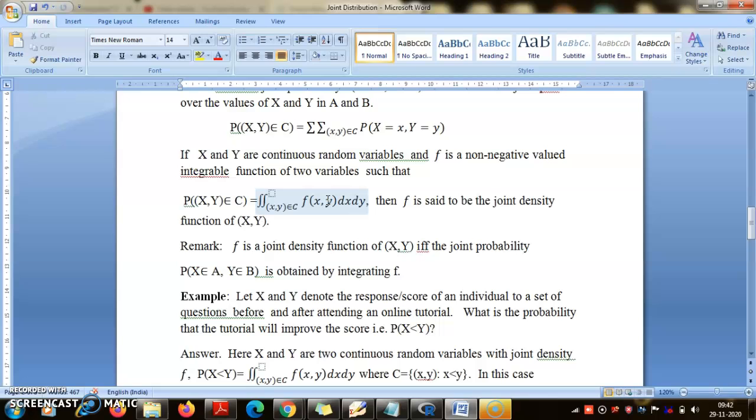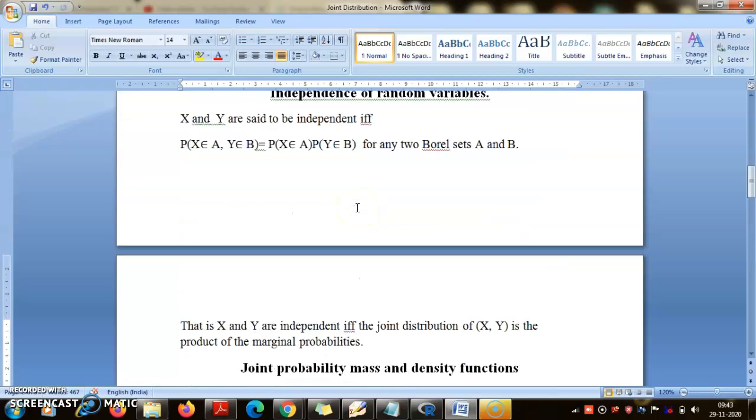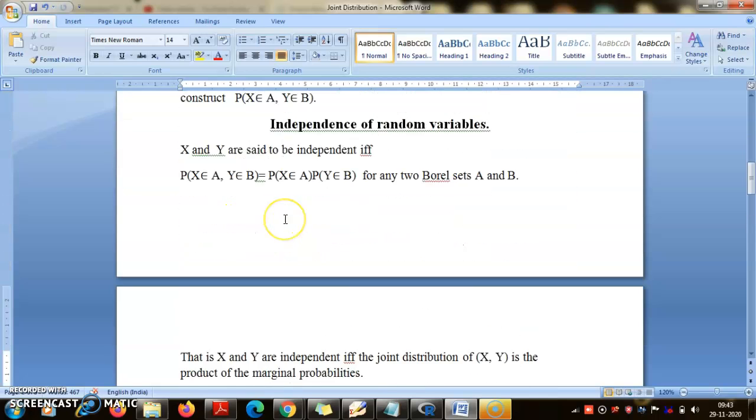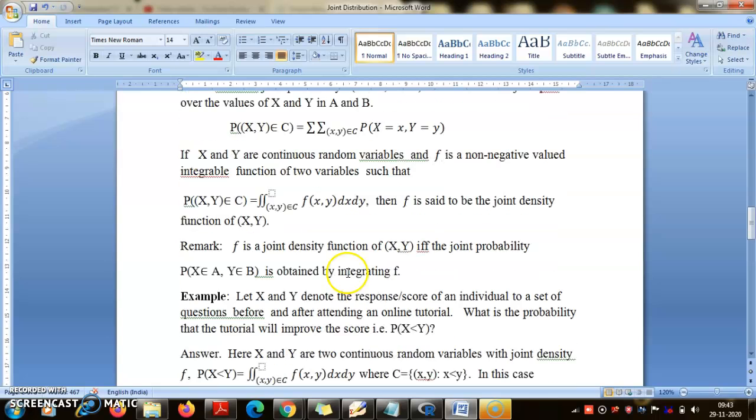Now, a small question: what do you think will happen if I remove this restriction, if I just integrate over all the values of x and y? This will be the same thing as the probability of x in R, y in R. So that would be the unrestricted integral of f over all values of x and y.